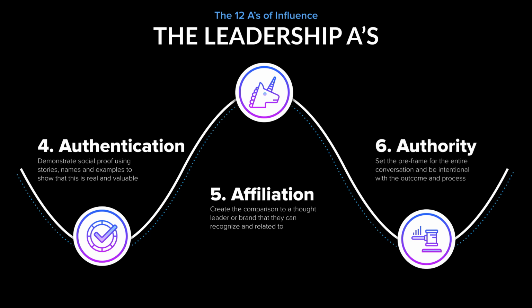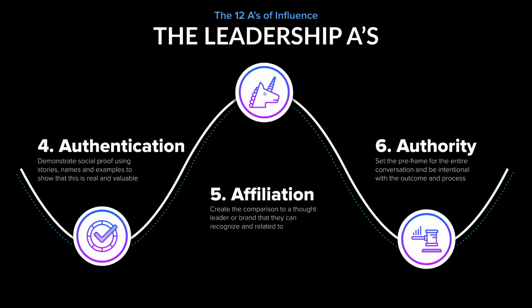You see, once we've established authentication and affiliation, we automatically have a little bit more authority, don't we? And there are some key things that allow us to have more authority in an influence conversation. One of the ways to establish authority is with the way in which we communicate, and the way in which we position ourselves as the leader of the conversation.